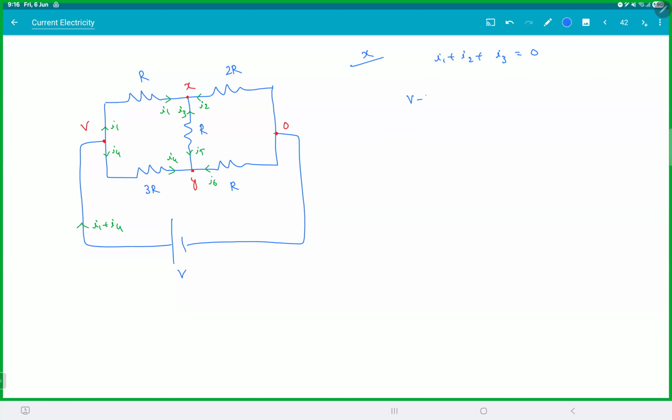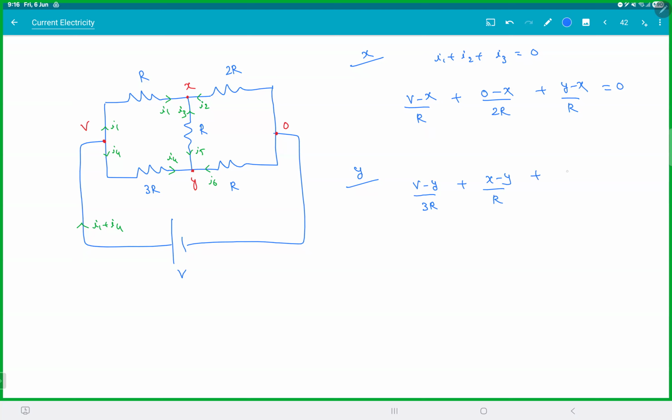So this will be V minus X by R, plus I2 will be 0 minus X by 2R, plus Y minus X by R is equal to 0. That's one equation. When you do it for Y, V minus Y by 3R plus X minus Y by R.